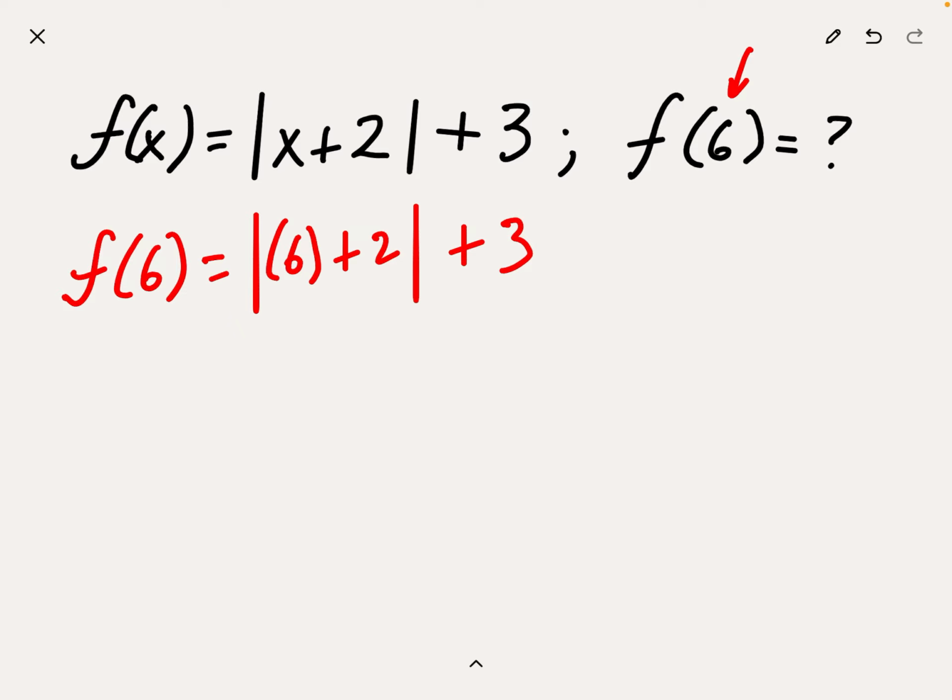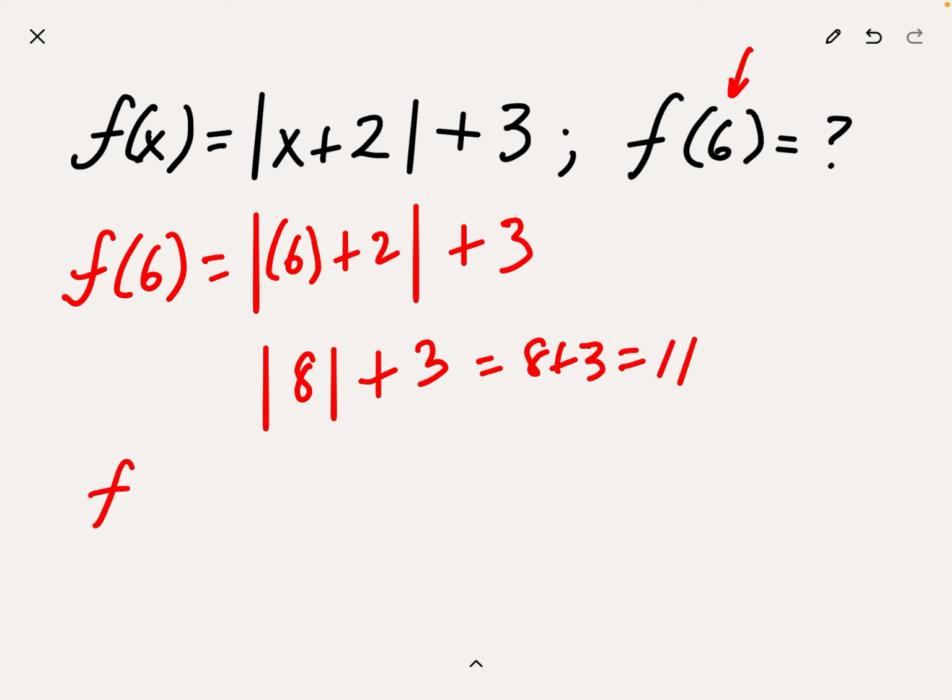So this is going to be the absolute value of 6 plus 2, which is the absolute value of 8 plus 3. The absolute value of 8 is just a positive 8, plus 3 is 11. So f of 6 is equal to 11. What that means is that when the input is 6, the output is going to be 11.